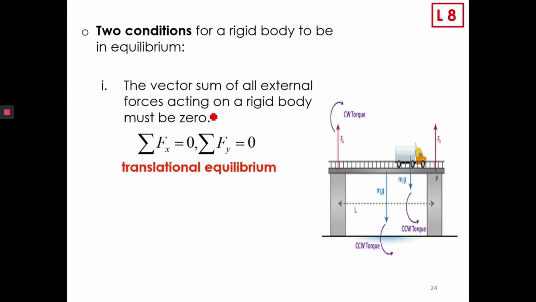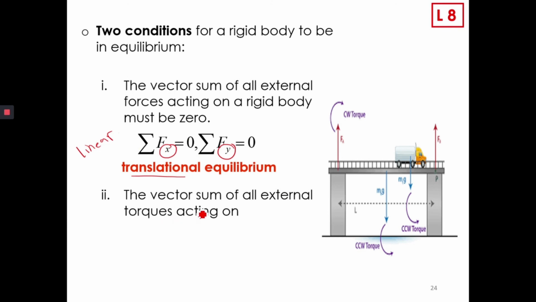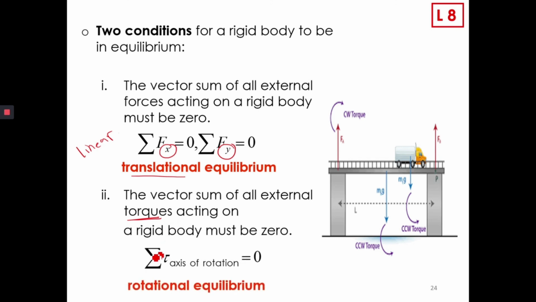First, the vector sum of all external forces must be 0. So your translational is the linear motion in the x and y components. And the vector sum of all external torques acting on a rigid body must be 0.